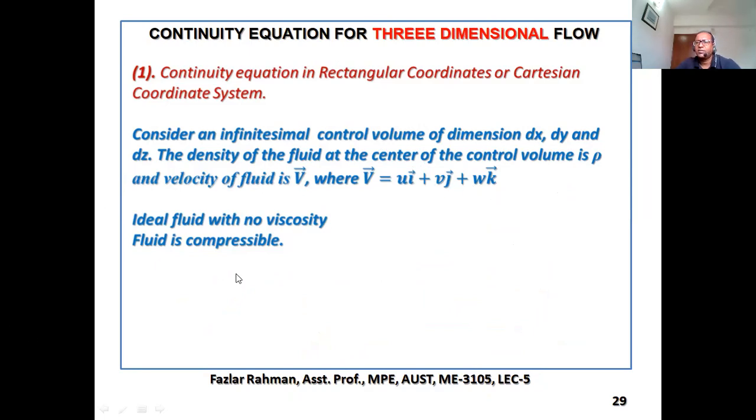We'll assume an ideal fluid, that means no viscosity, and the fluid is incompressible. These are the two assumptions. Before we start the derivation, any question so far?